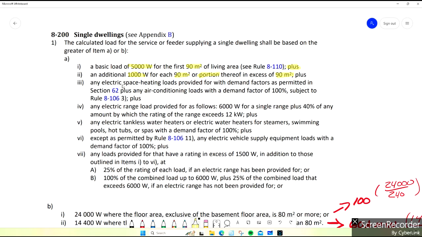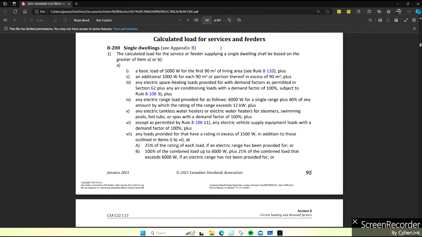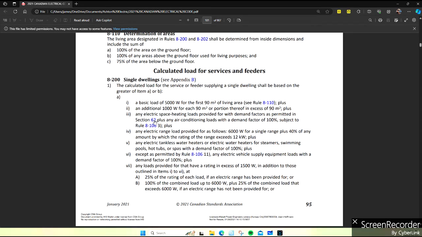Any electric space heating loads provided for with demand factors as permitted in section 62, right? We'll go look at that, but basically electric space heating loads at 100%. Okay? But there's a little caveat to that, and we're going to go look at Rule 62.